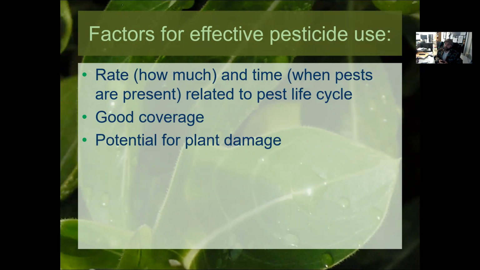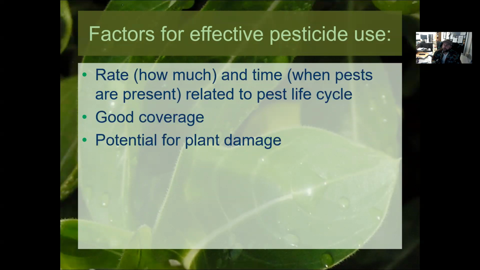I know I keep saying that. The other thing I keep saying is you want to make sure that you're reading the label on what your pesticide is going to do, what insects it's going to take out, and also the duration of that insecticide and how often you should use it in between sprays.